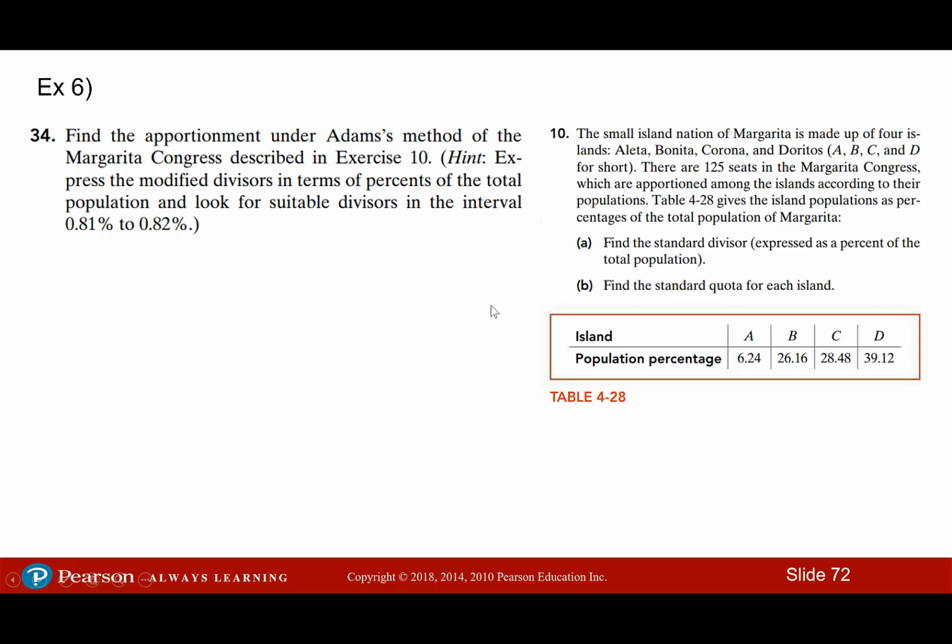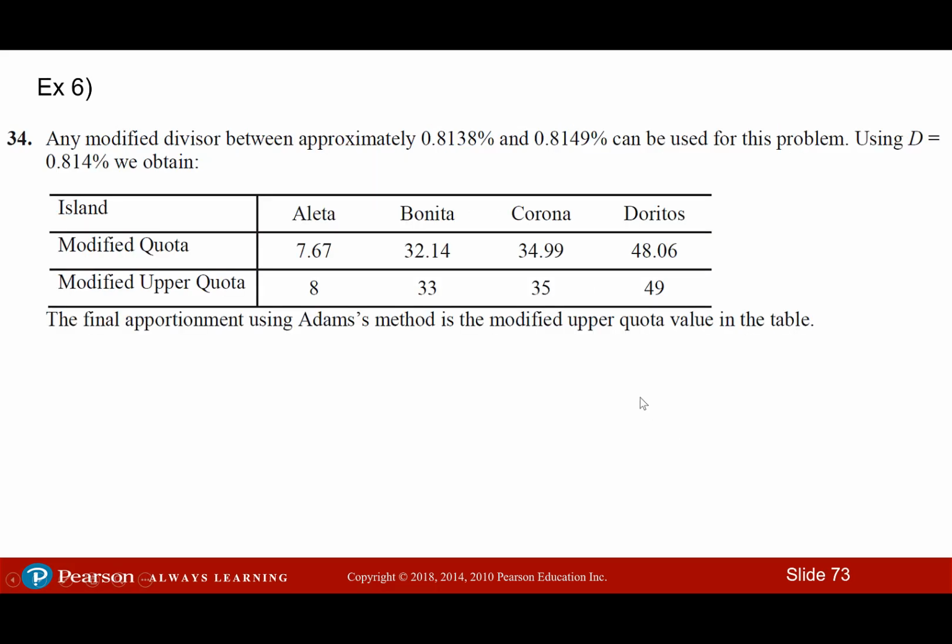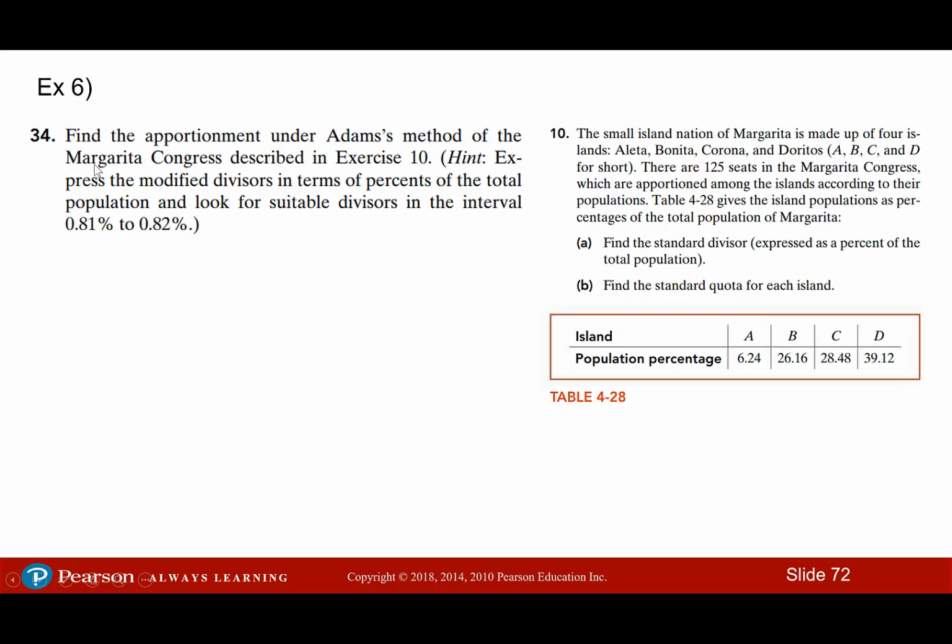So if you want to take each of these numbers right here, 6.24, you divide that by, and let me just see which one the book uses. The book uses 0.814. Again, you could have chosen slightly different numbers. That's what the book uses.